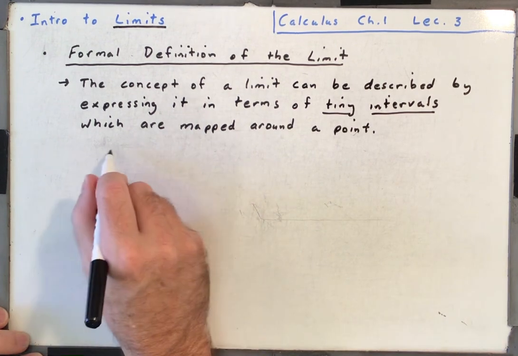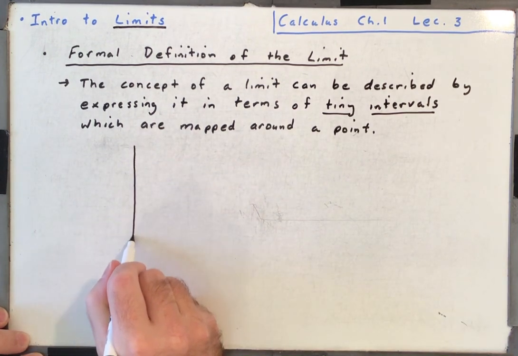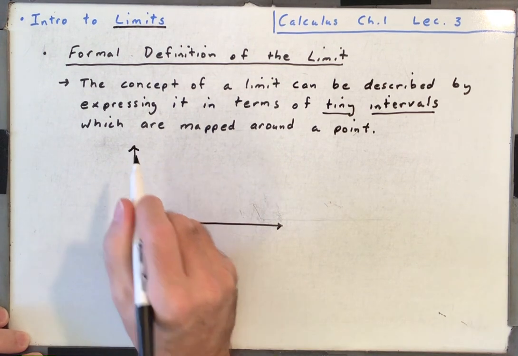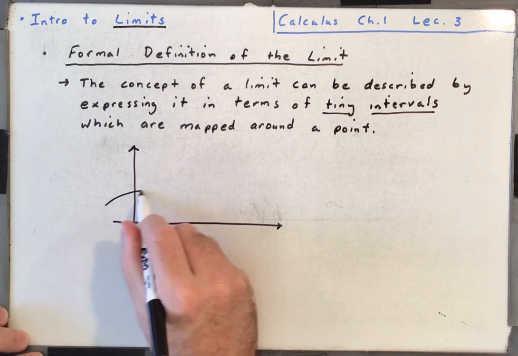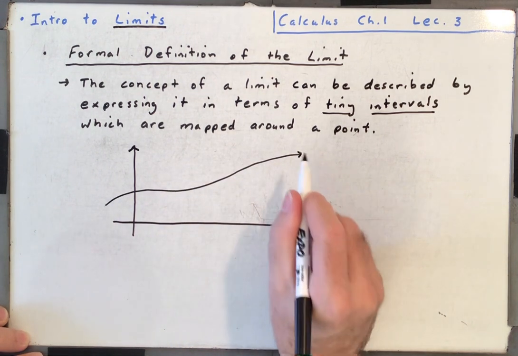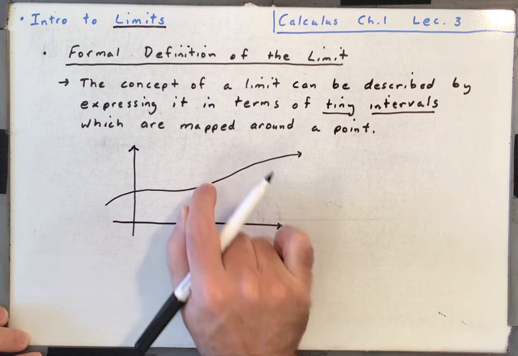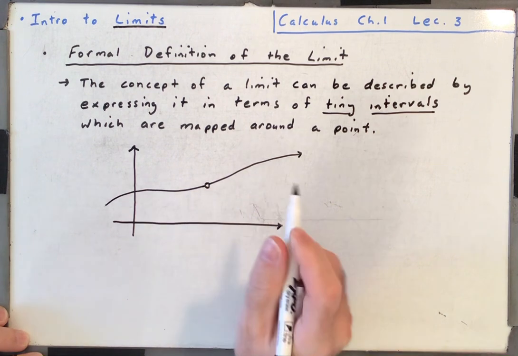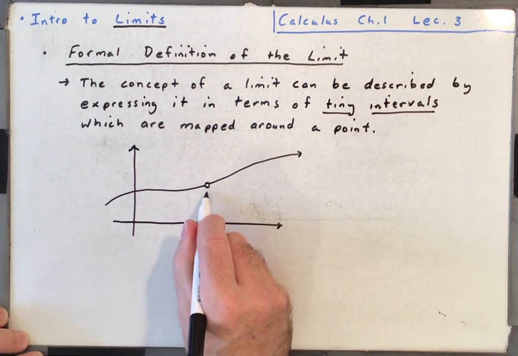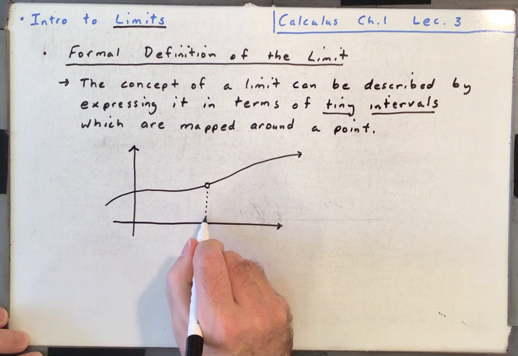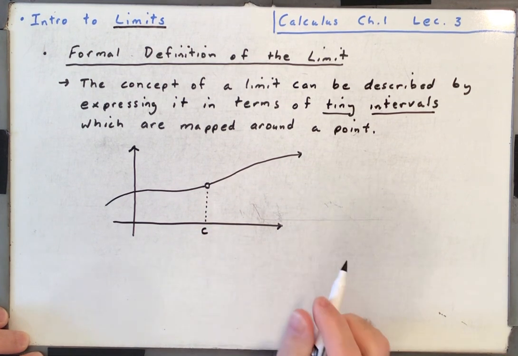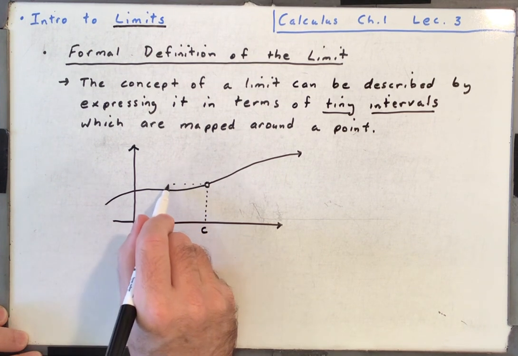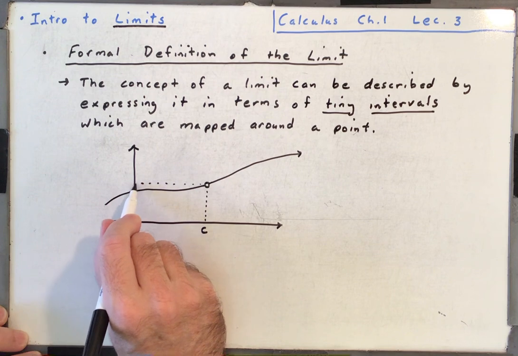So, all right, let's make a graph here. We'll make a nice curve. I'm putting a hole there so that it's a little different than the algebra. All right. And instead of doing actual numbers here, we're going to say the x value is c, and the y value is L for limit.